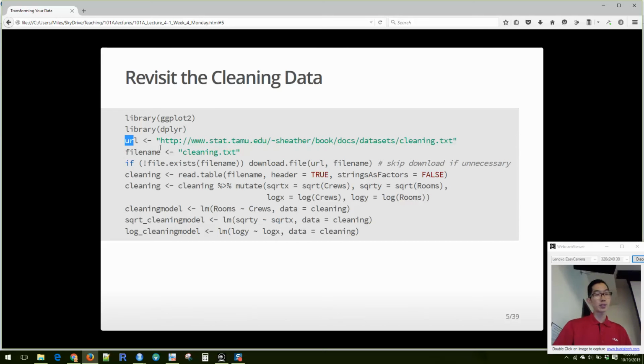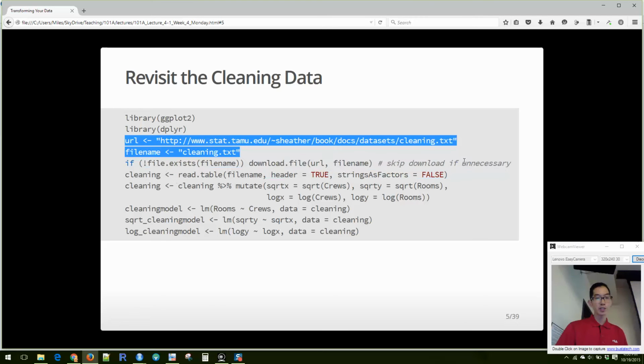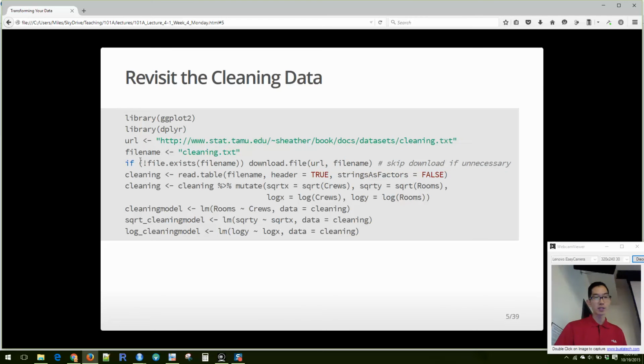I'm just going to briefly talk about the code here. This is just to download the data, and I'm hoping all of these R commands are working fine when you run them on your own computer. Somebody commented that they get errors, so you might have to install a library called downloader, like someone who downloads.